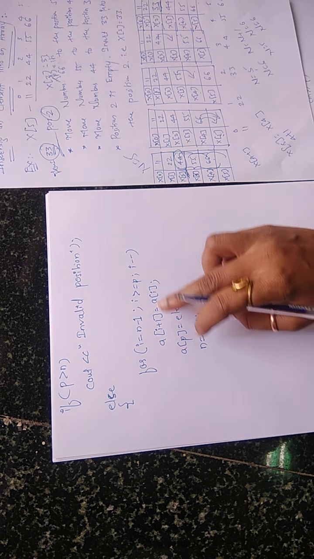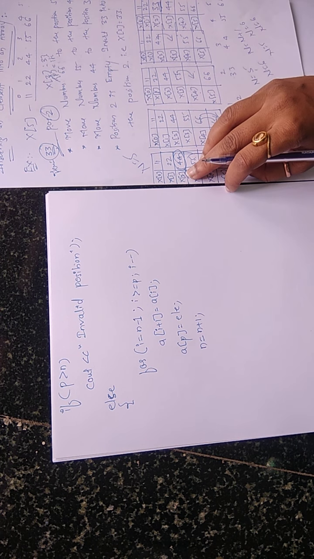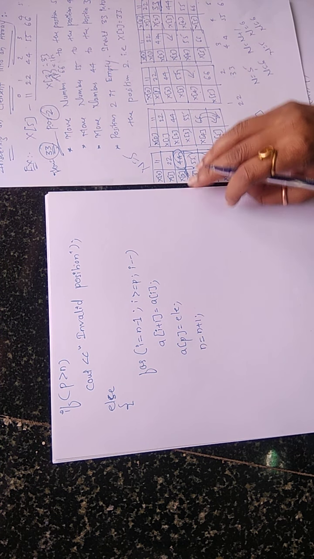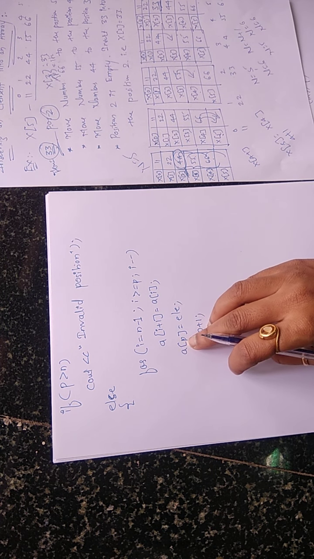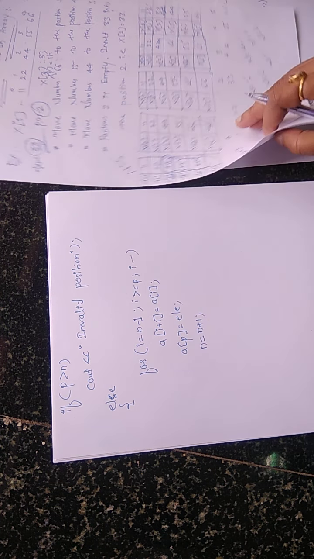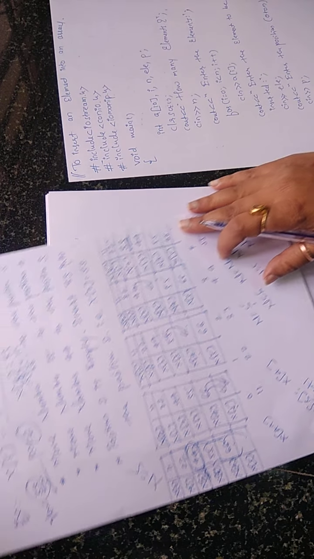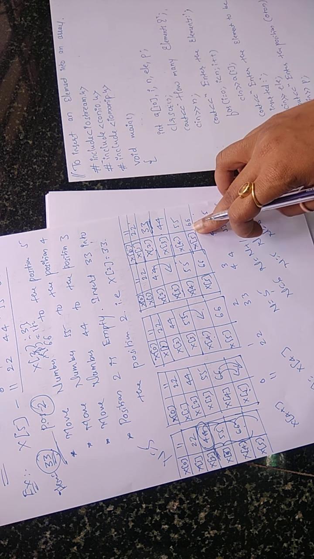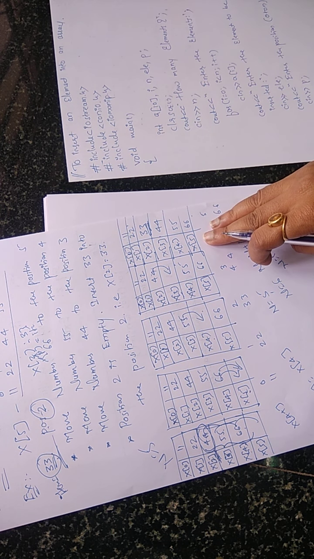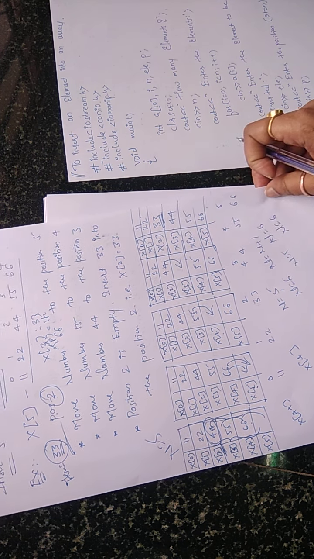Once the shifting is done, the required position will be empty. Then in that required position, what you had taken in ELE, that value you have to store here. And once your adding is done, earlier there were only 5 values, now a value has been added, so the elements become 6. So you have to increment the value of n.